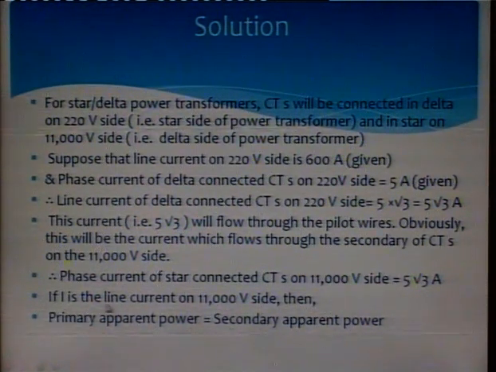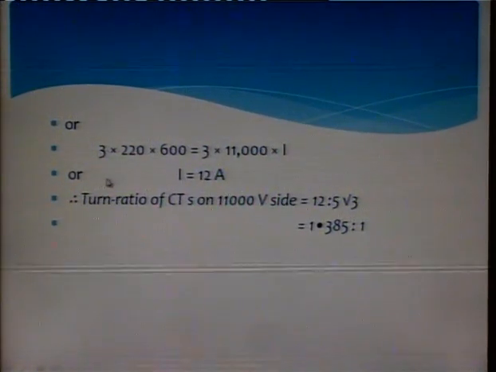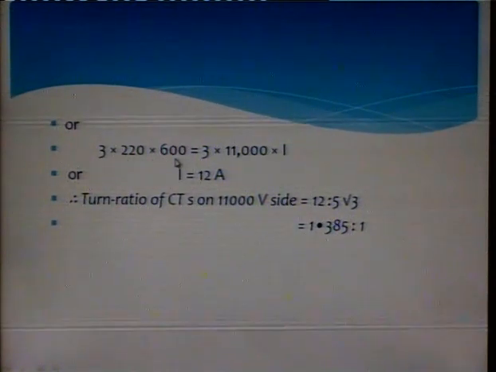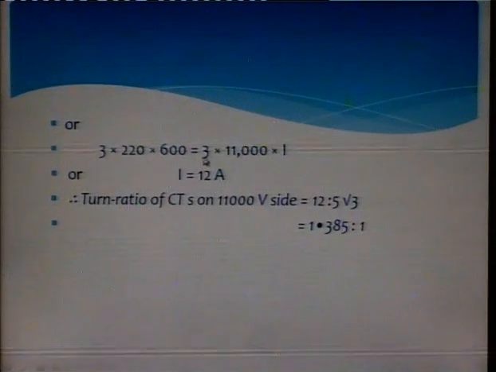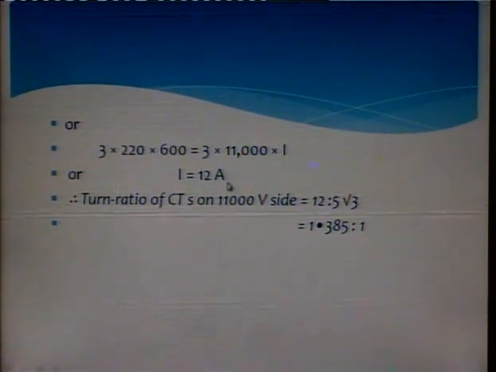Now suppose I is the line current on the 11 kV side. For the normal condition the primary power should be equal to the secondary power. So on the primary side, root 3 into 220 into 600 ampere is equal to root 3 into 11,000 into I. After solving, I is equal to 12 ampere.